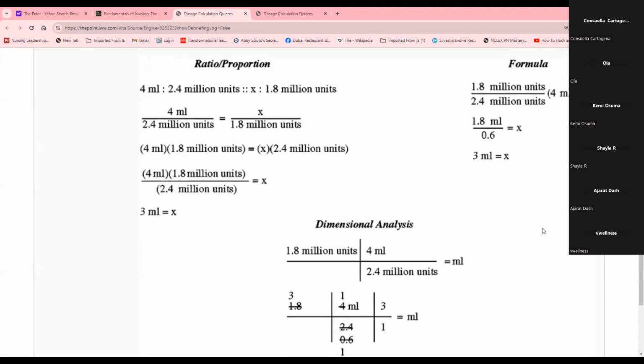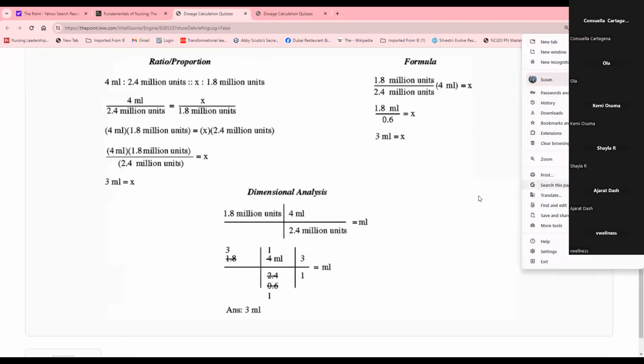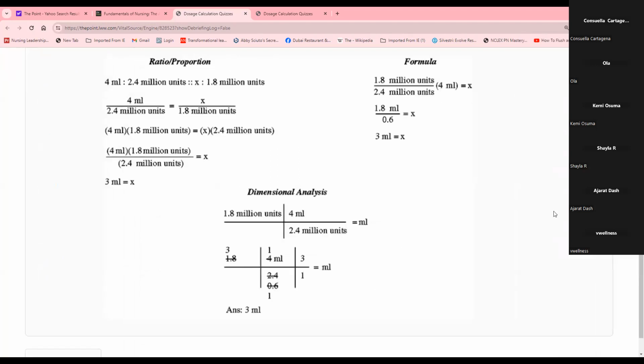Hold on, let me get the picture of the formula. Thanks. Hold on.